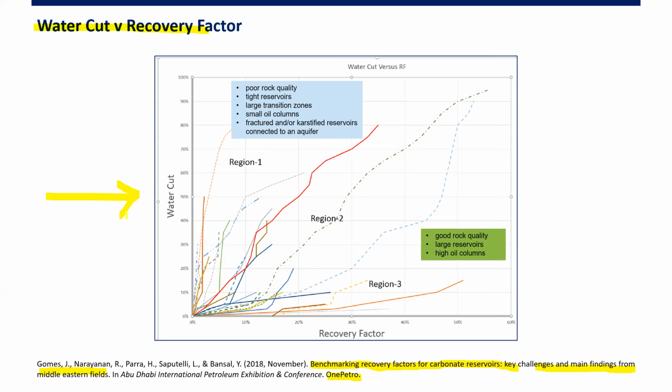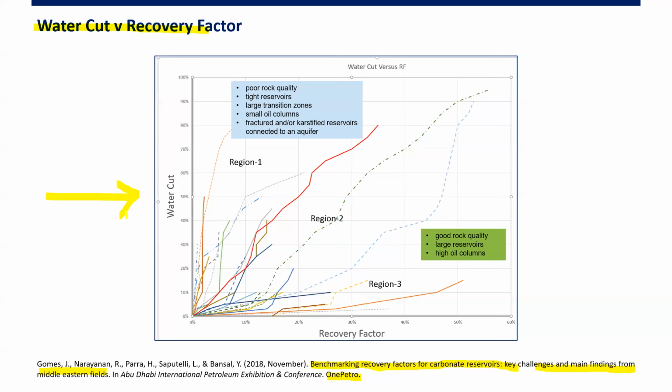All right, and this very useful plot can be generated for field level, for reservoir level, even within the same reservoir, you can create it also for cluster level, maybe pattern level, maybe segment level, or compartment level.